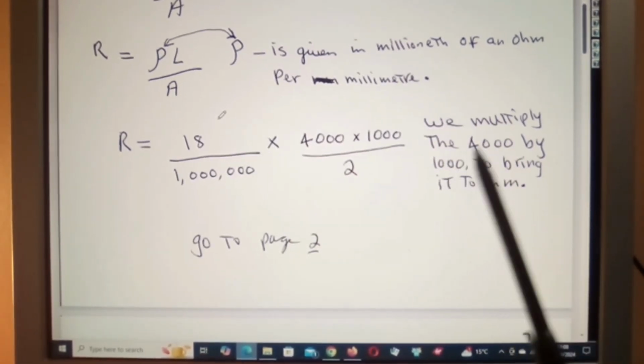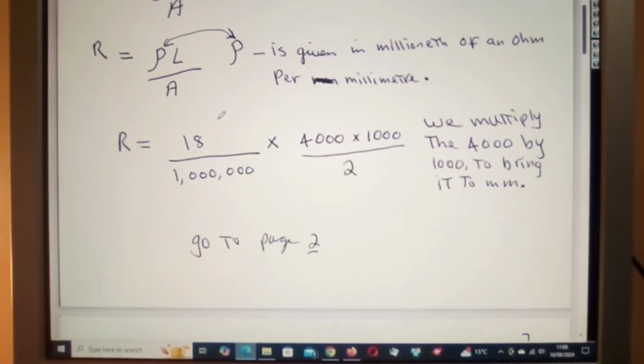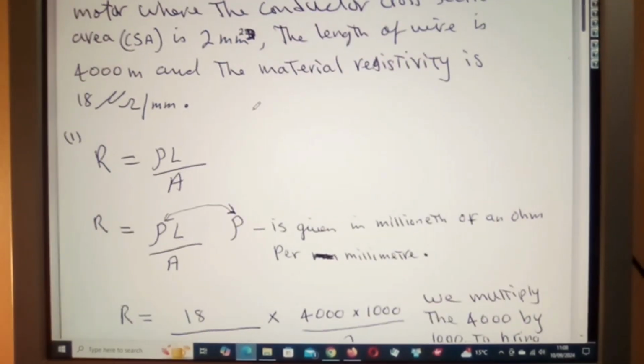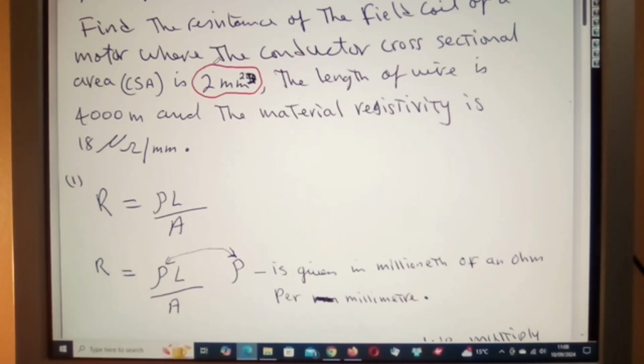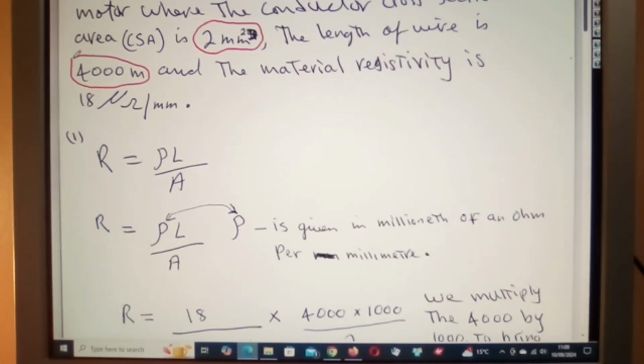We multiply the 4,000 by 1,000 to bring it to millimeters, because it told us up here that the cross-sectional area is 2 millimeters square, and the length here is 4,000 meters.